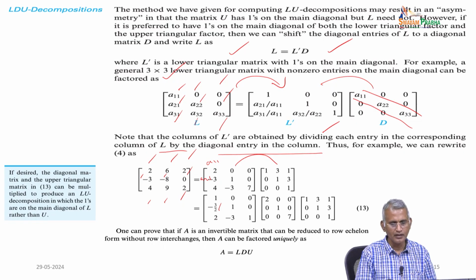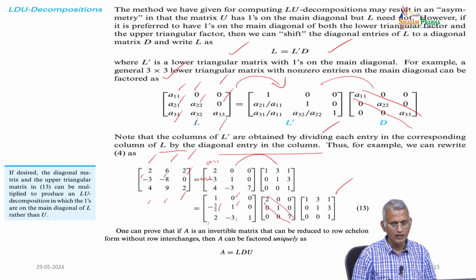And then the third row first column is A31 by A11 and the next column 0, 1, minus 3, and the last one is kept as it is, that is divided by 7. Now, you have to take the main diagonal 2, 1, 0, 1, 7, and the upper triangular matrix you have to do that.